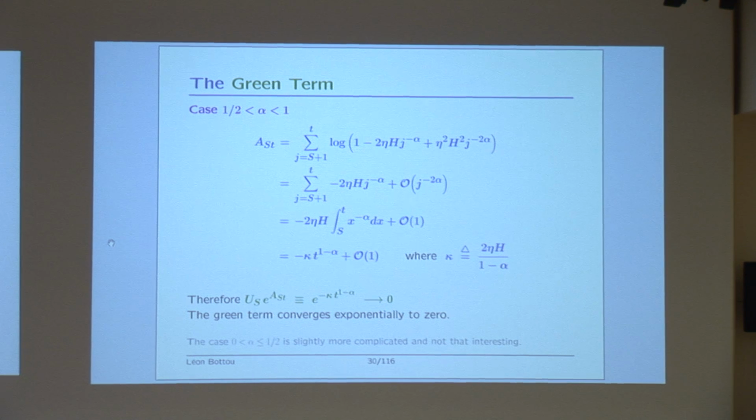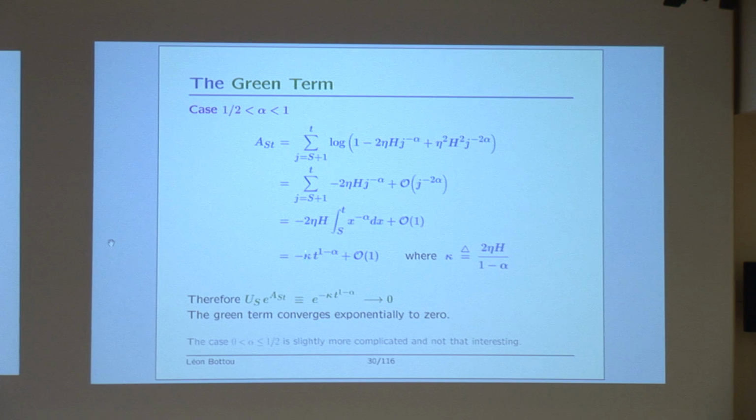And also, because alpha is greater than 1/2, the j to the minus 2 alpha in this residual term is something that decreases faster than j to the minus 1. And because it's in a sum, it's a convergent series. So it also goes into the O of 1 here. A big O of 1, meaning that this is constant plus something that goes to 0.